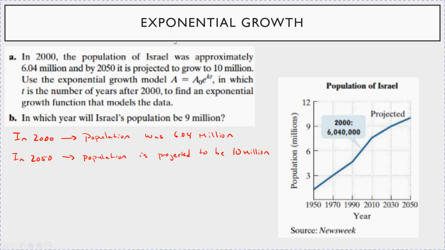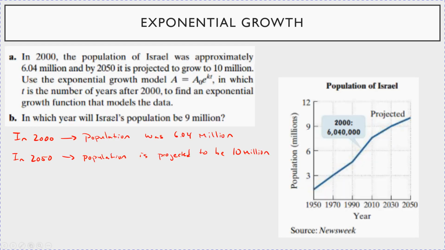Let's do part A. Part A says we need to find this model, A equals a sub 0 e to the kt. First off, you need a sub 0, the starting amount. We're starting the model at years since 2000.